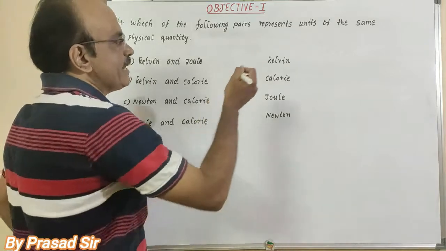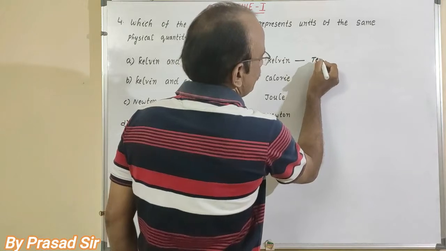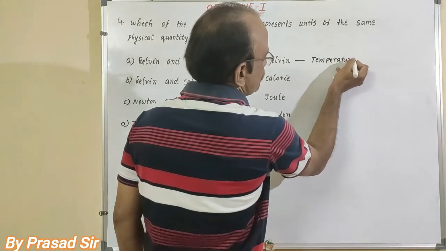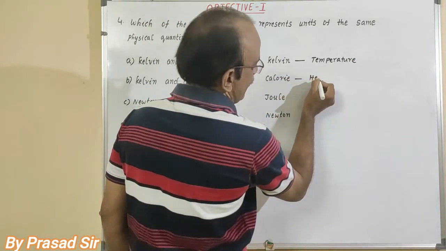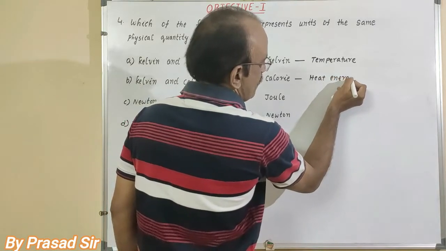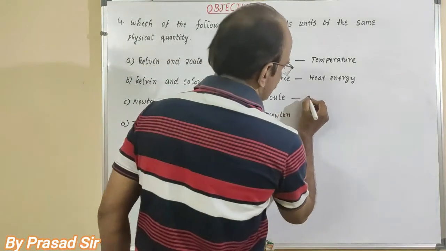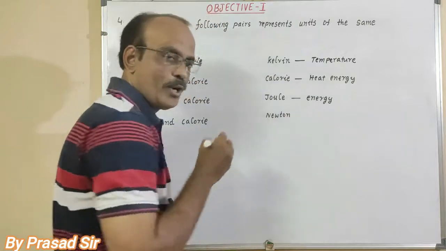So, first of all, Kelvin. Kelvin is the unit for temperature. And calorie is the unit of heat, energy. And joule is the unit of energy, that is also energy: heat energy, kinetic energy, potential energy.